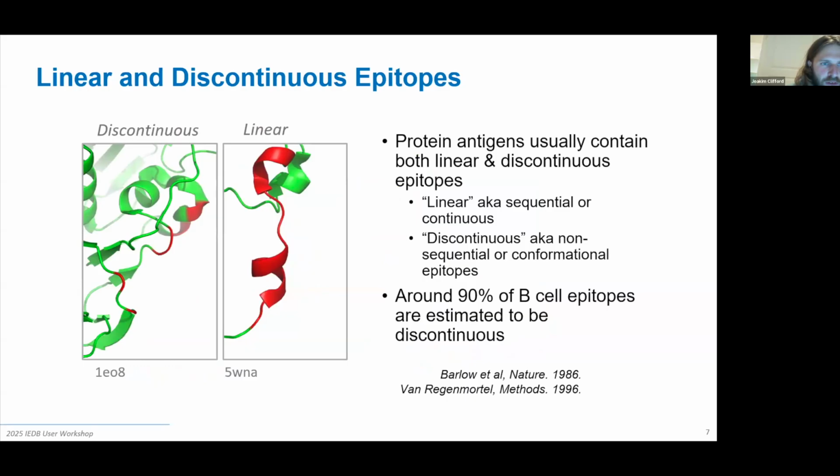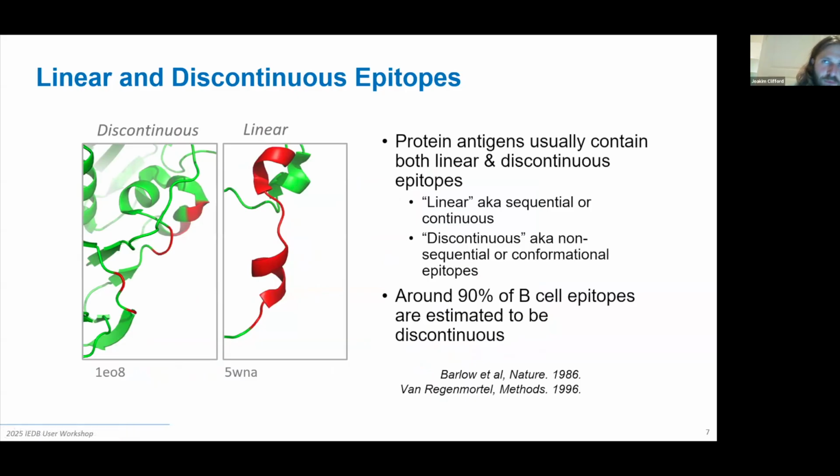The epitopes that we're trying to predict come in two flavors: they're either discontinuous or linear. Linear means that if you look at the epitope in the amino acid sequence, the residues will be next to each other. Discontinuous means that they're not necessarily next to each other in the primary sequence, but the fold of the protein brings them together into spatial proximity to form a B-cell epitope.